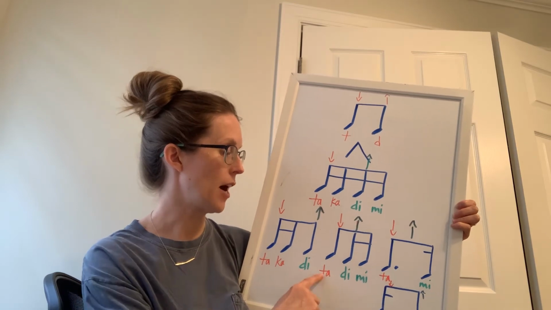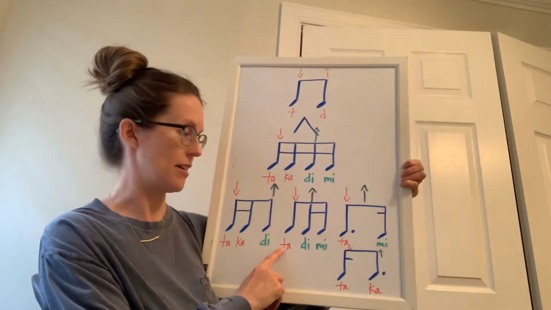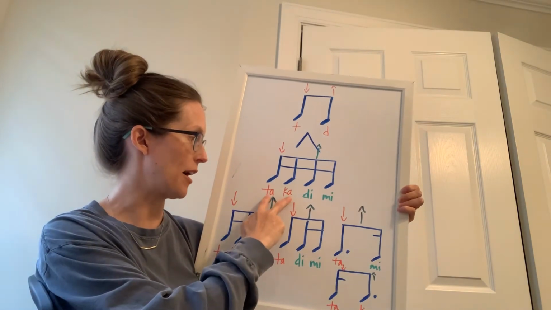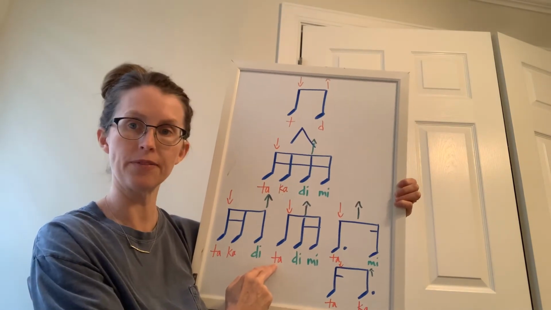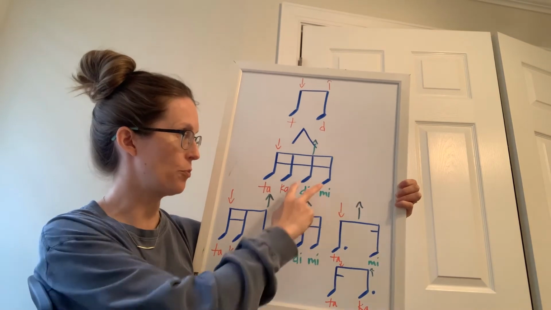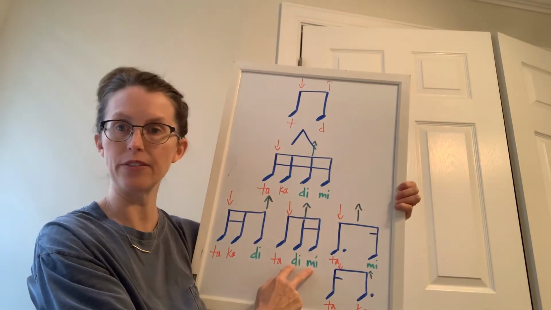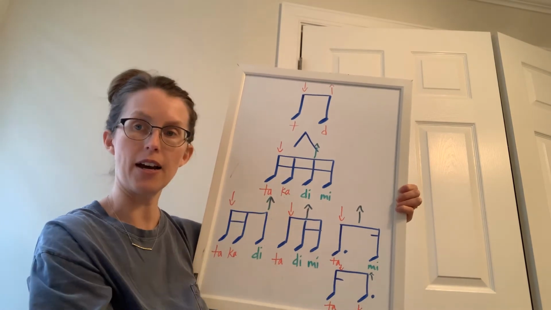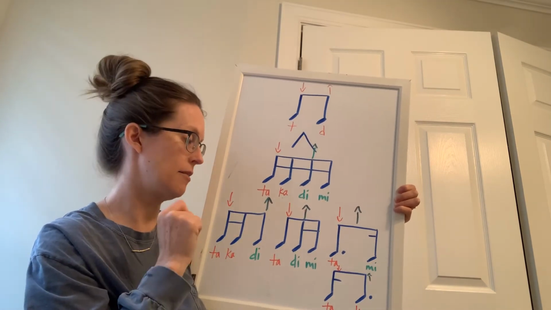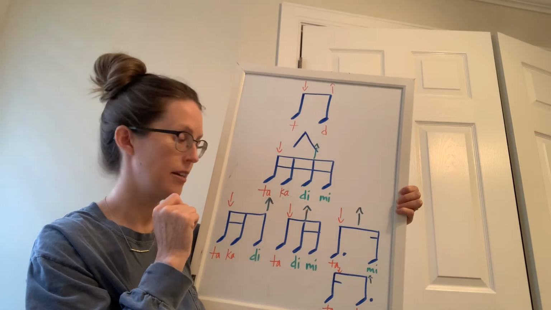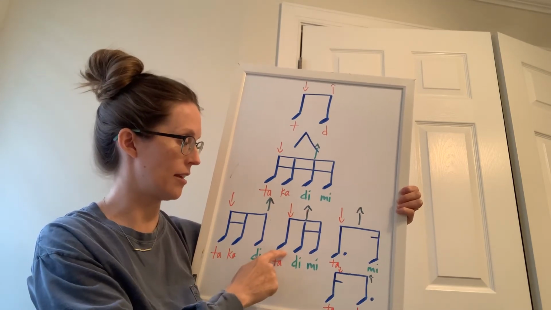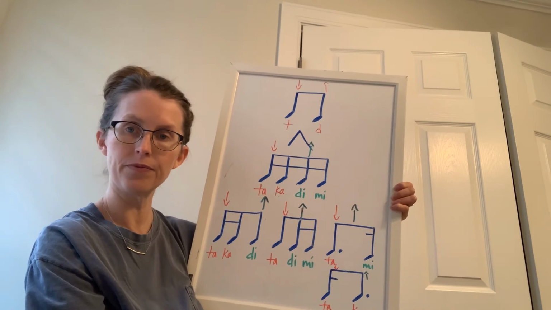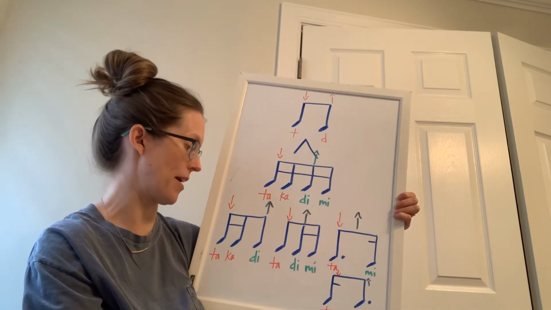Then the opposite of that is going to be an eighth note on the down, ta. So I've combined my ta-ka into one sound here, and then I just bring my di-mi sixteenth notes down. So that would be ta-di-mi, ta-di-mi, ta-di-mi. Again, the ka is within this eighth note with the ta. So let's do those back to back.